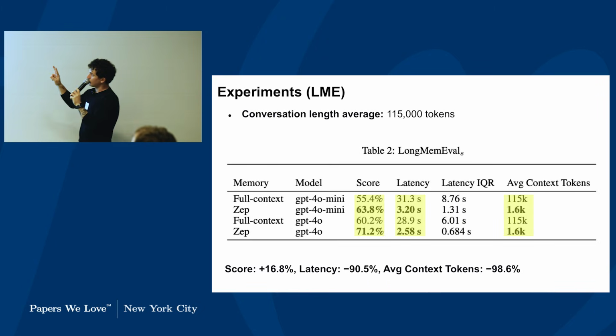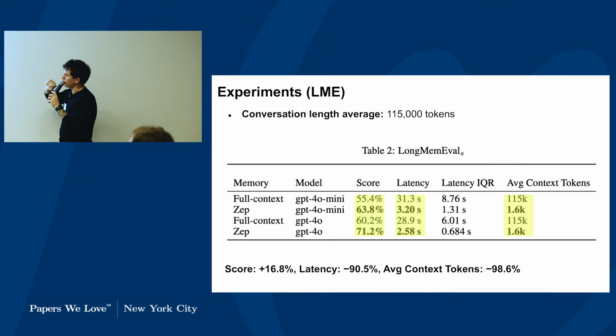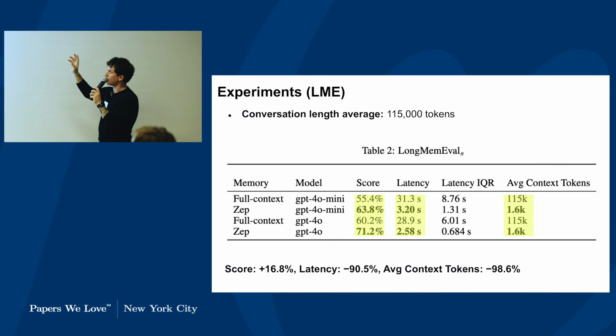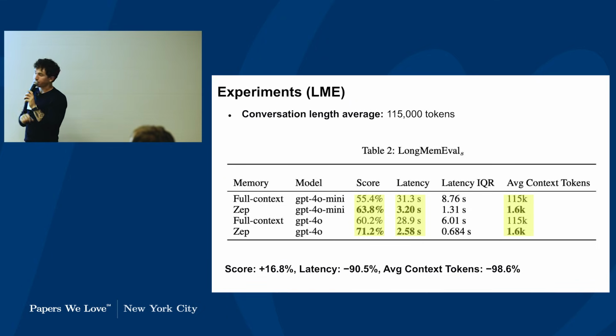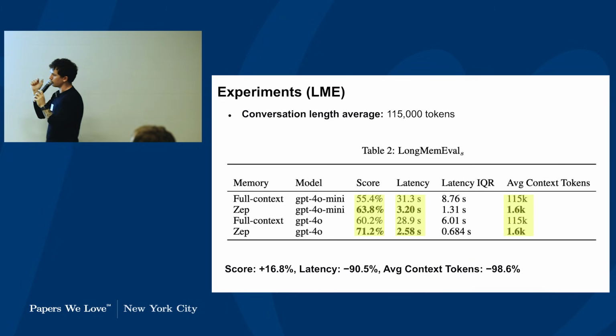So the second thing they did was they ran ZEP on the LME, the LongMemEval. Here you see the difference between ZEP and the full context technique. It's more readily apparent. So number 1, on this LongMemEval, the conversation length average is 115,000 tokens, which is more than the DMR. And so on longer conversations like this, we do see that ZEP actually outperforms the full context technique using GPT-4o and 4o mini. So it's a 17% increase.